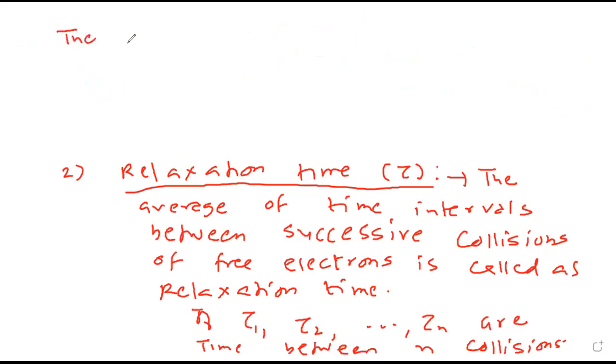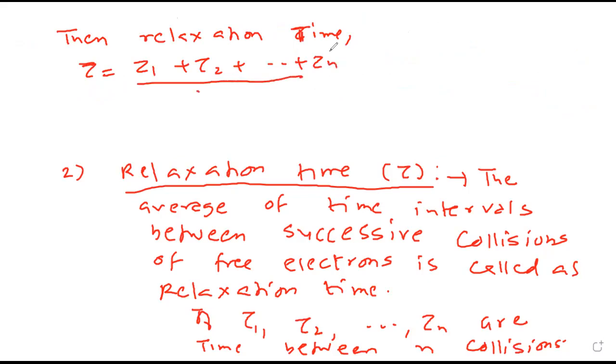Then relaxation time, tau, is equal to tau 1 plus tau 2 up to tau n divided by n. Now complete this definition.